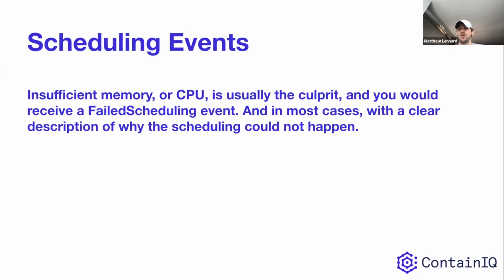This means that you have a pod and you want to deploy this workload, and Kubernetes went to schedule it and it can't put it on any node. The workload's not running, not great. It could be that there are no nodes available, there's not enough resources available, or maybe you have some taints or tolerations set up that are preventing the scheduling. So definitely, in most cases, something that you're going to want to look into.